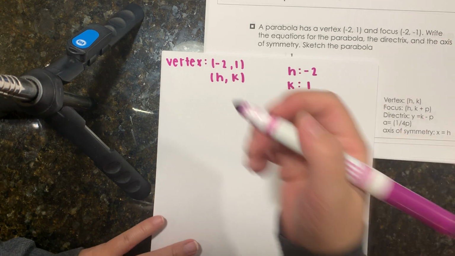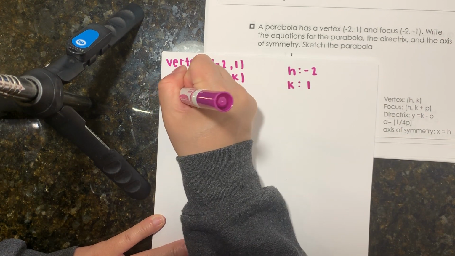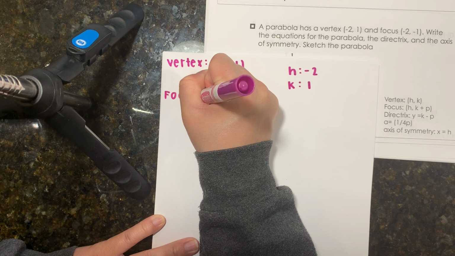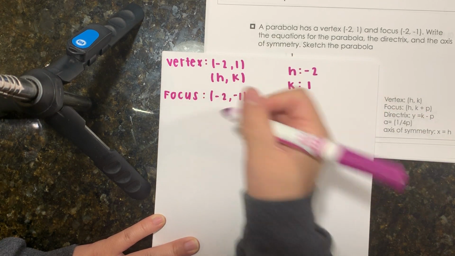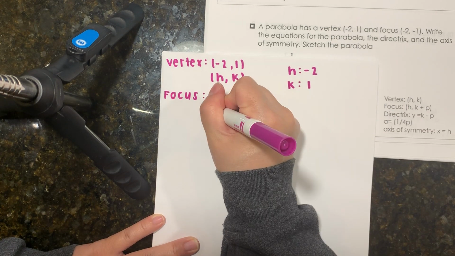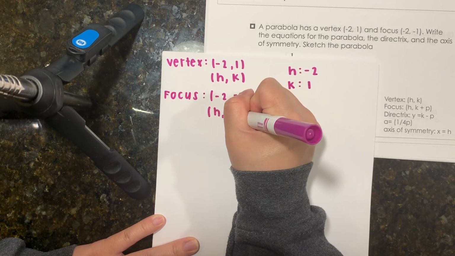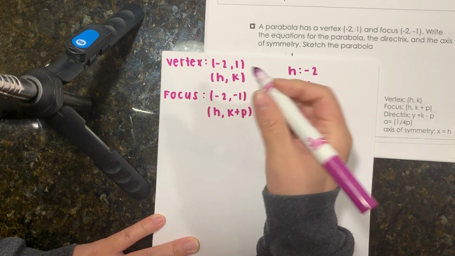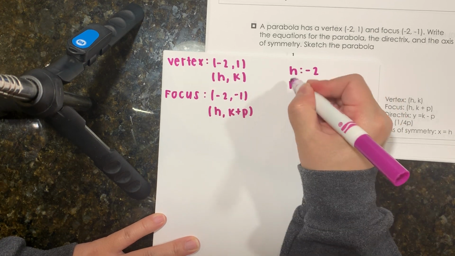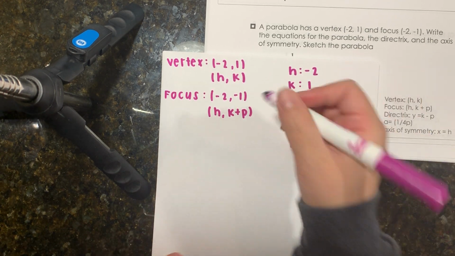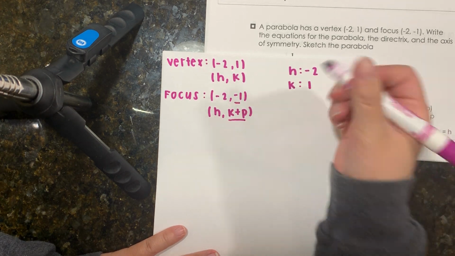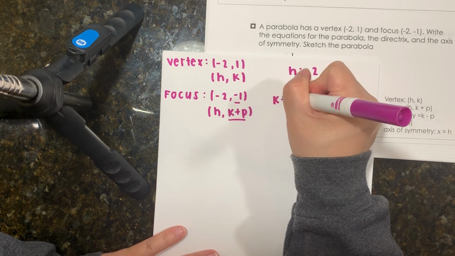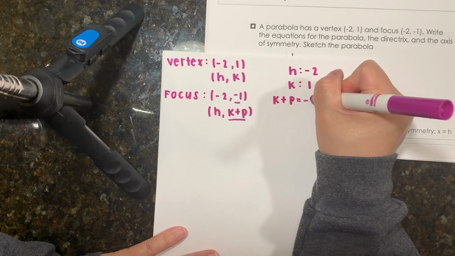Now I'm going to go to the focus. For my focus, I have (-2, -1). Well, for the focus, the variables are h comma k plus p. So I already know that my h is equal to -2. But k plus p is going to be equal to -1.